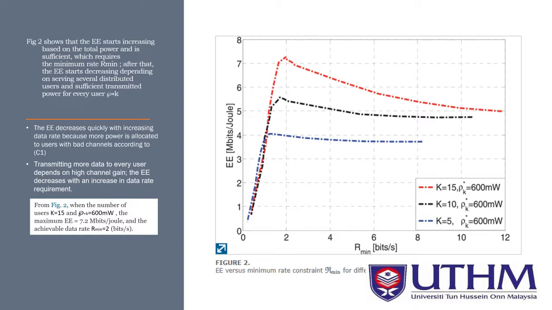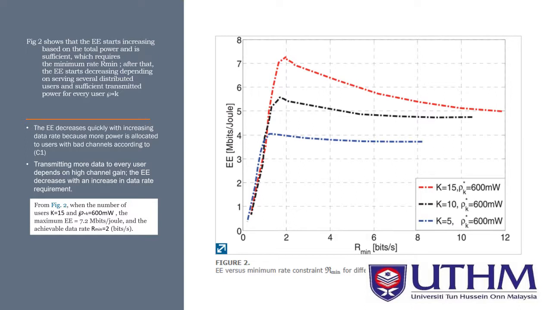After that, the EE starts decreasing depending on serving several distributed users and sufficient transmitted power for every user, which is times K. In Figure 2, when the number of users K is equal to 15 and lambda is equal to 600 milliwatt, the maximum EE is equal to 7.2 megabit per joule, and the achievable data rate Rmin is equal to 2 bit per second.